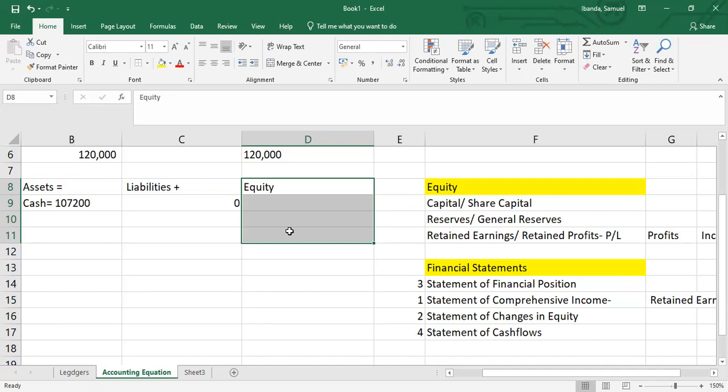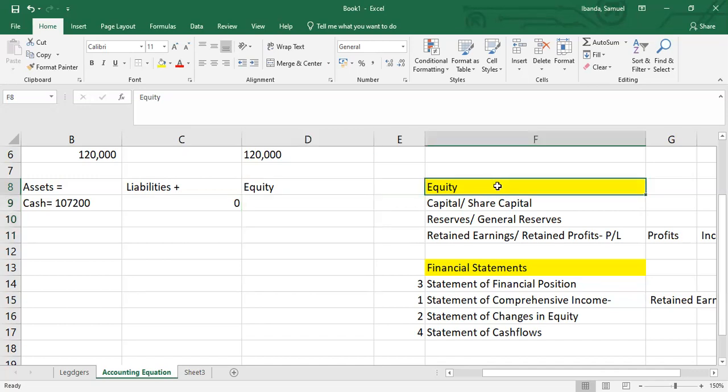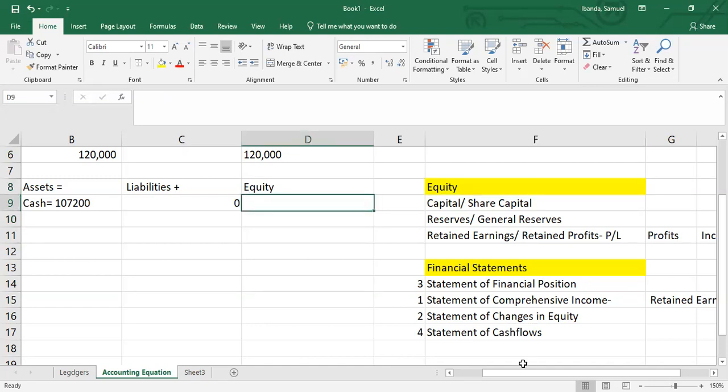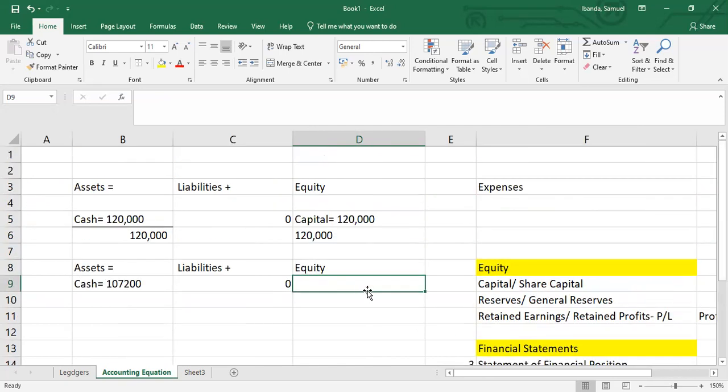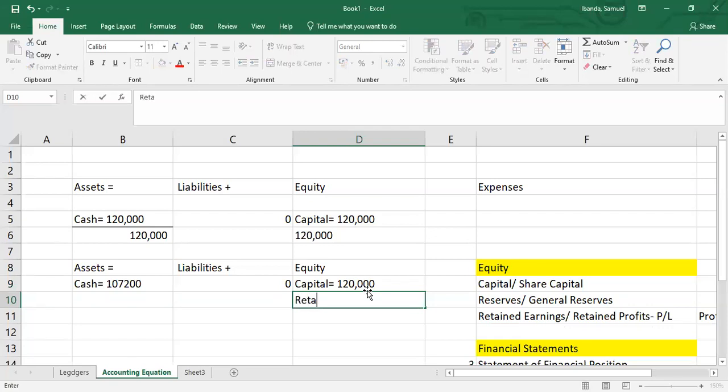So as they reduce our profits, they also reduce our equity. You get it? So what I'll do here in my asset equation, I'll include capital. Now, capital is not changing. Capital is actually remaining the same. So what I'll have here is called retained earnings.